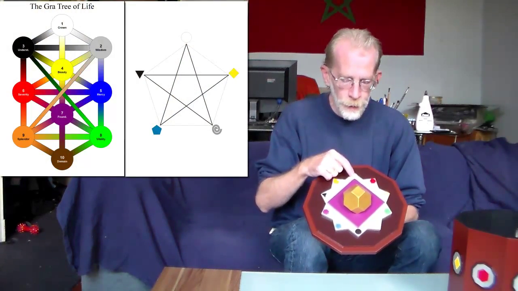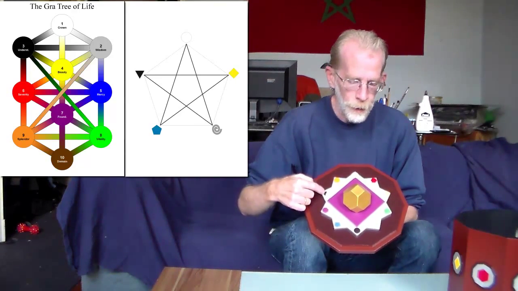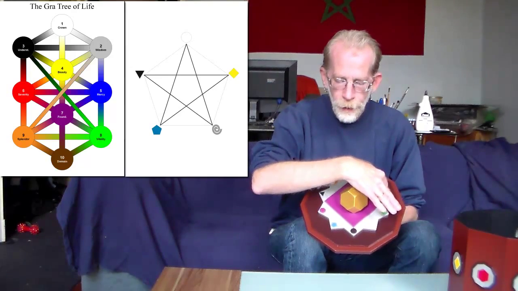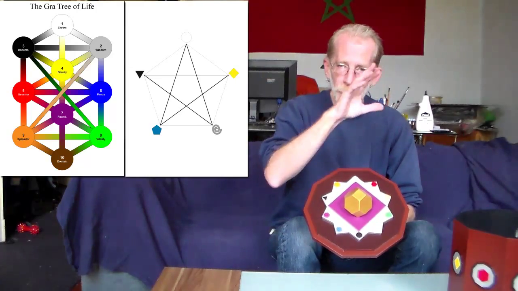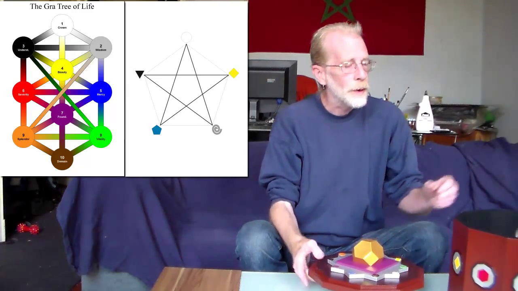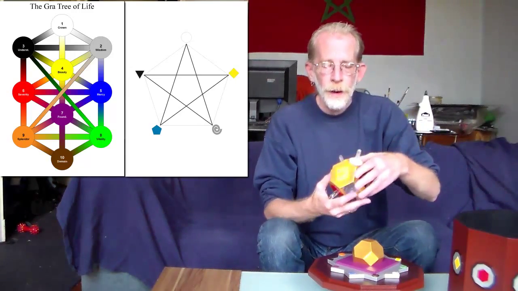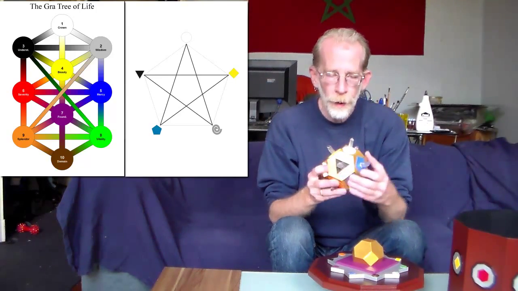The distribution of the symbols around the outside of the radiator is reflected in the lid itself. And it goes in this sequence: Kether, Chokmah, Binah, Chesed, Gedulah. This is the top 5 Sephirot of the Gra tree, as well as the top 5 Sephirot on the mechanism.